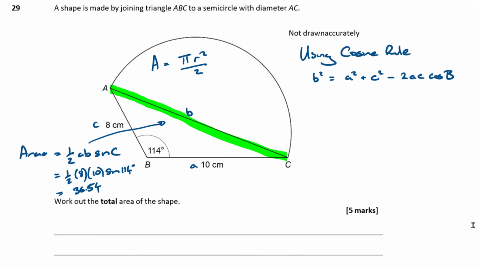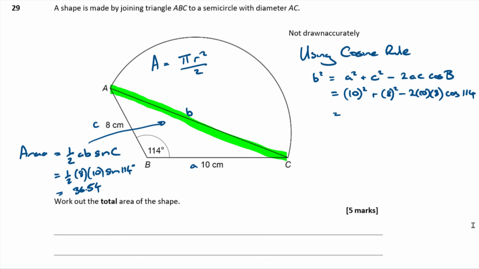Okay, so that's what we're going to do. b squared equals a squared plus c squared minus 2ac cos B. Now, sub in. a is 10 squared. c is 8 squared minus 2 lots of 10 lots of 8 times the cosine of 114.